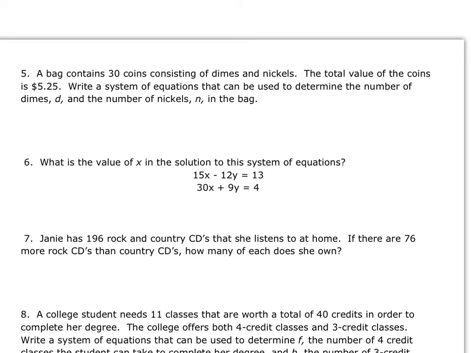So I'm going to look at my problem here. The first thing it says is there are 30 total coins, right? So if I add up D, the number of dimes, plus N, the number of nickels, that gives me a total of 30.